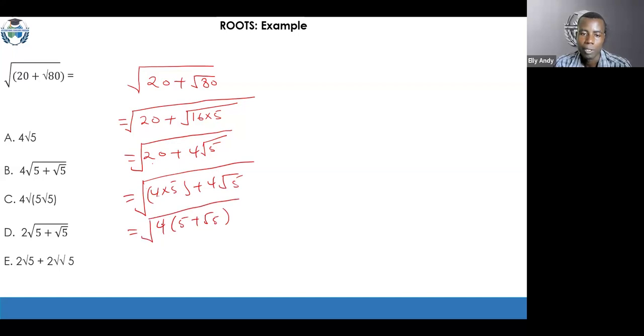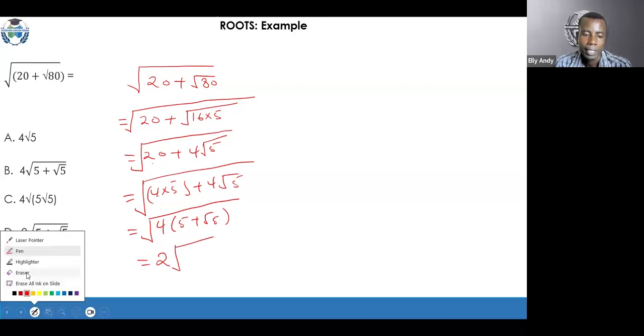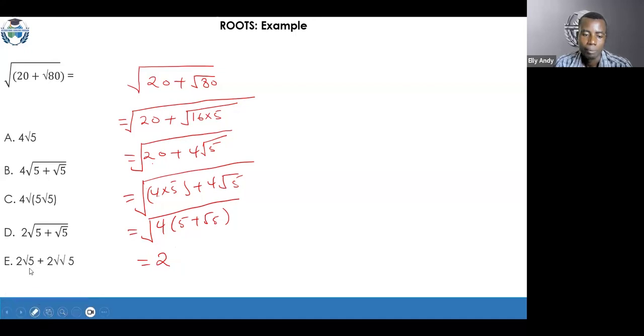And then, of course, 4 will give us 2 when we find its square root. So that we end up with 2 square root of, let me write this in a better way, 5 plus root 5. So if we are to have our answers in this form, then this is how far we can go with the simplification, and we end up with choice D.